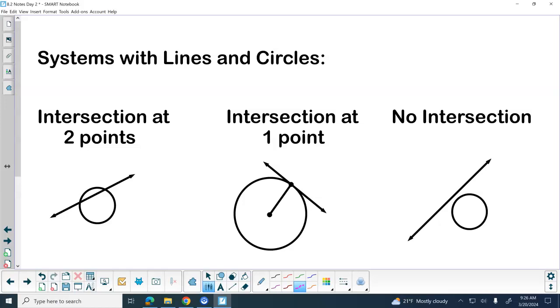Another way is a line could intersect the circle twice. A line that intersects a circle twice is called a secant line.